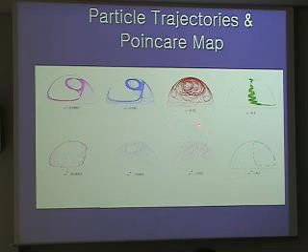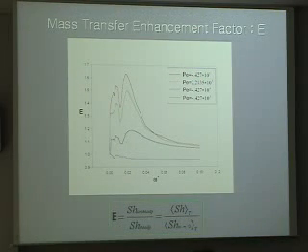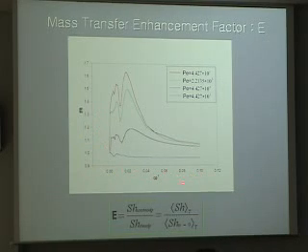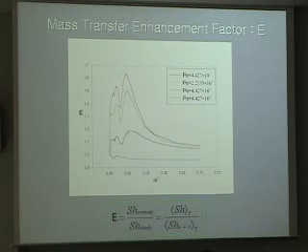But when we use suitable frequencies, we could obtain very good mixing, as you can see in this picture. In that way, this is the mixing efficiency, and this is the forcing frequency. As you can see here, at a certain optimal frequency, we could maximize the mixing efficiency.